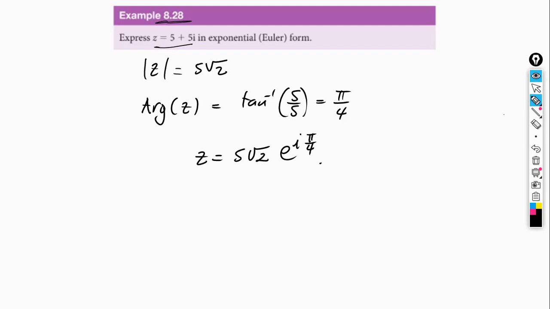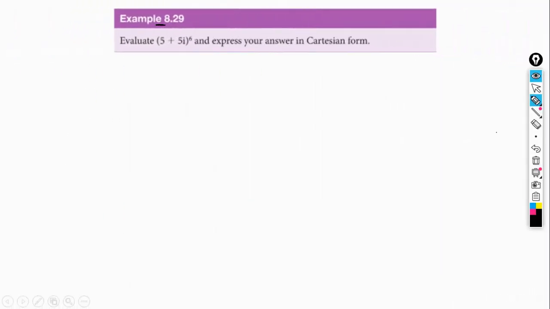So in example 8.29, they want us to evaluate the previous number to the power of 6 and express the answer in Cartesian form. So what we're going to do is use Euler's form of the number, and notice that this would be the same as saying 5 square root of 2 times e to the power of i times pi fourths, and this to the power of 6. So recall that this would be 5 square root of 2 to the power of 6, and that's 125,000.